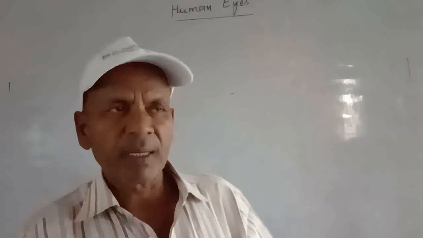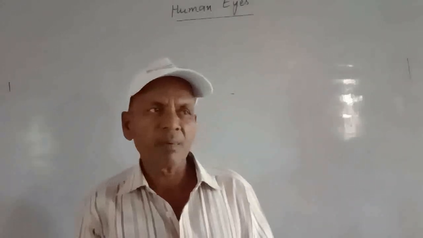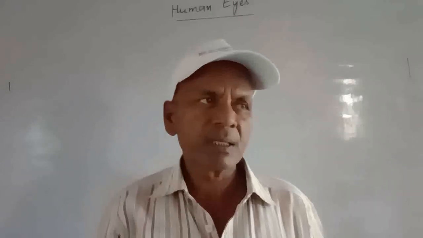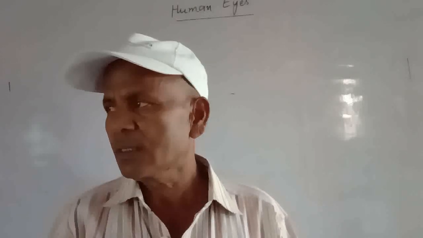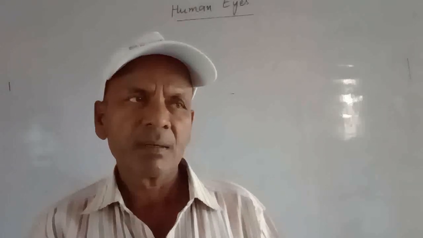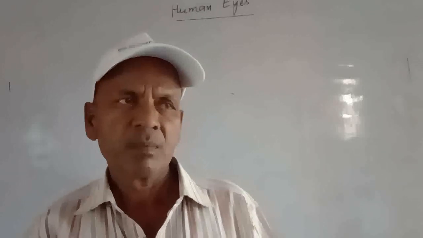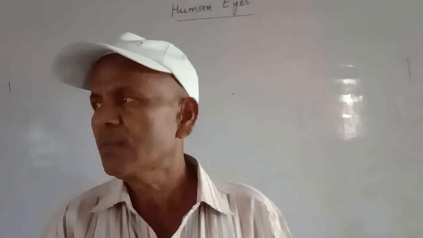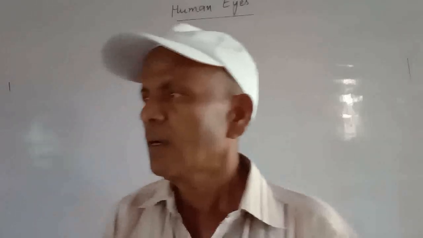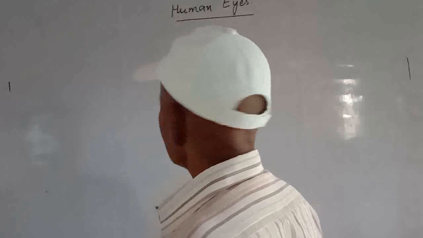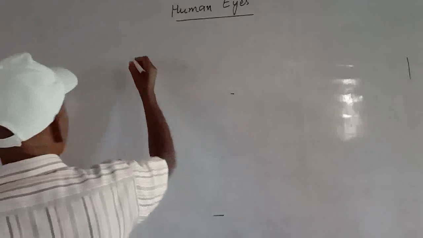Derivation of human eye is perhaps not mentioned in your syllabus, but the usage of lens, eye lens, is important. Wanted to discuss about the eye lens of the eye. Rest things you have to read yourself. Draw the level diagram and write each part of the eyes and remember it. Now we start from the function of the lens.